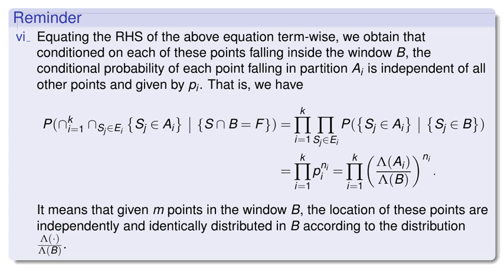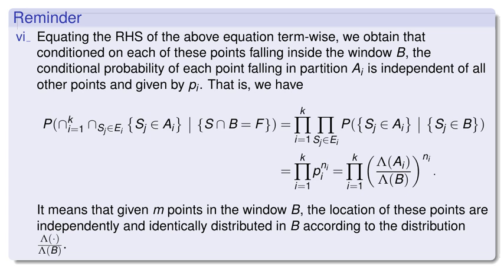Conditioned on n specific points falling inside the window B, i.e. S intersect B is a fixed set F of m points, the conditional probability of each of these points falling into a particular partition A_i is independent of where the other points fall.